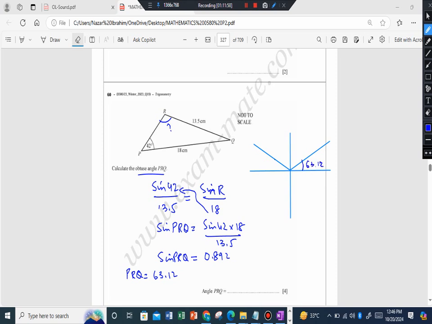Again, this is also 63.12, and to calculate the angle from the first quadrant like this, this is the required angle. So 180 minus 63.12 will give me the required angle, that is 116.88. So the obtuse angle PRQ is 116.88. Clear?